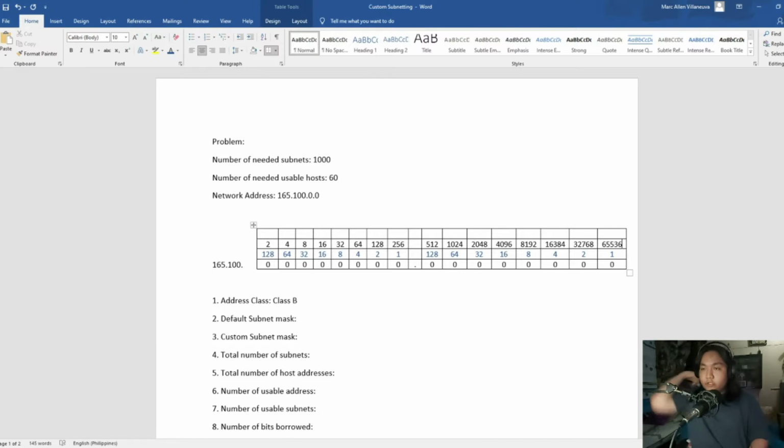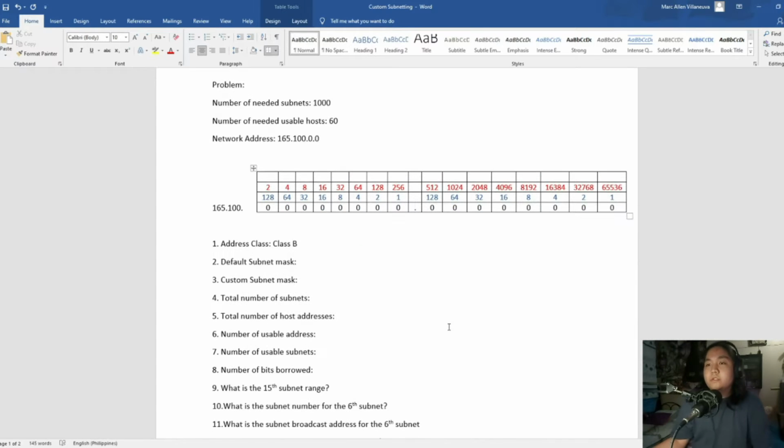So as you can see here, we already have our subnet. Let's change it into the color red, maybe, so you won't get confused.